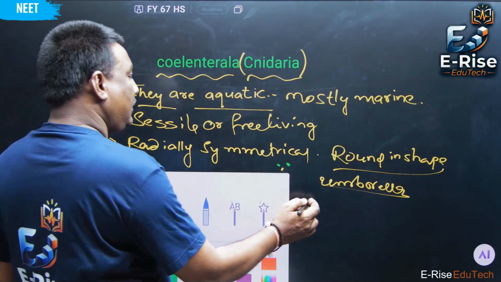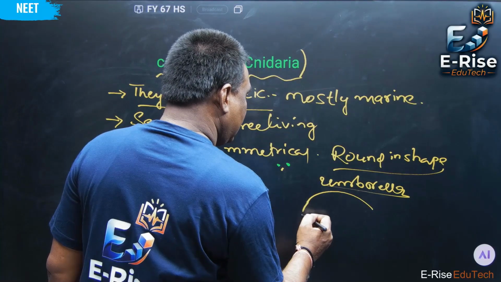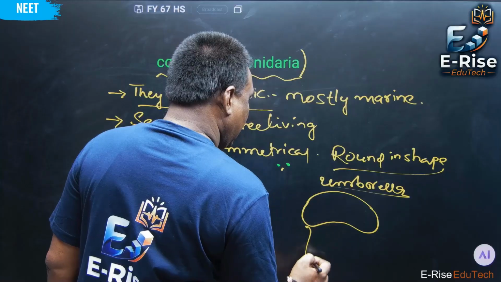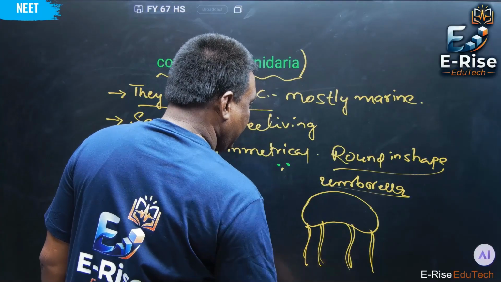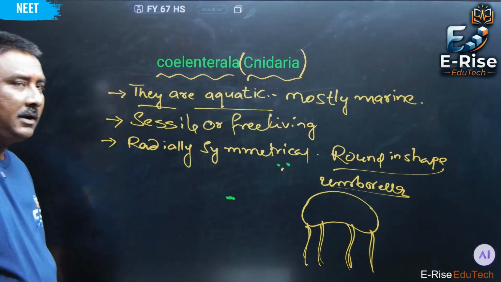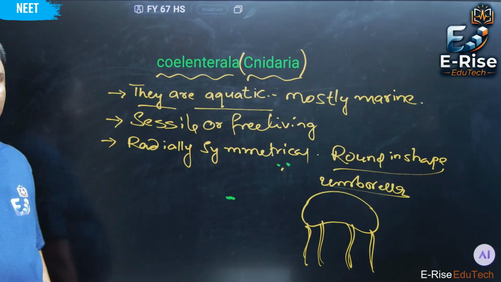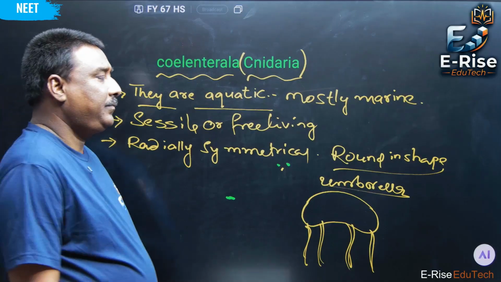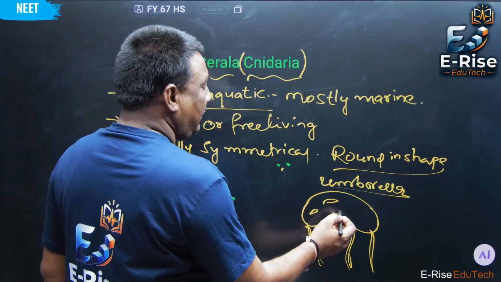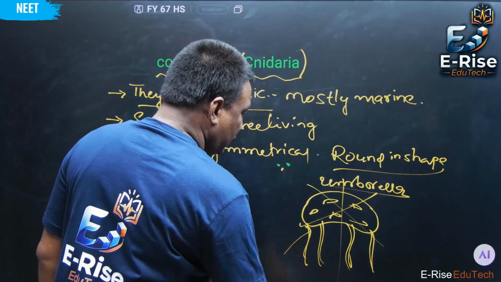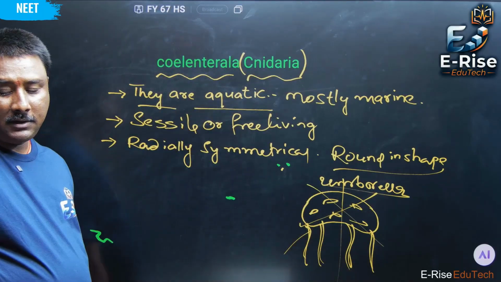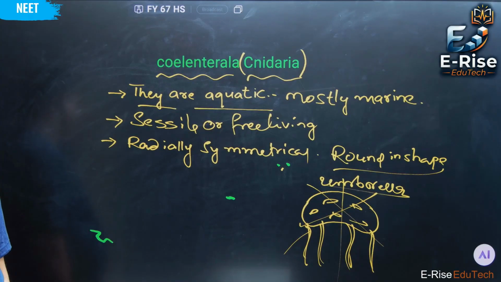In jellyfish, the body looks like this, so they show radial symmetry. What is radial symmetry? If you divide the living organism through any plane and it gives two equal parts, it is called radial symmetry.